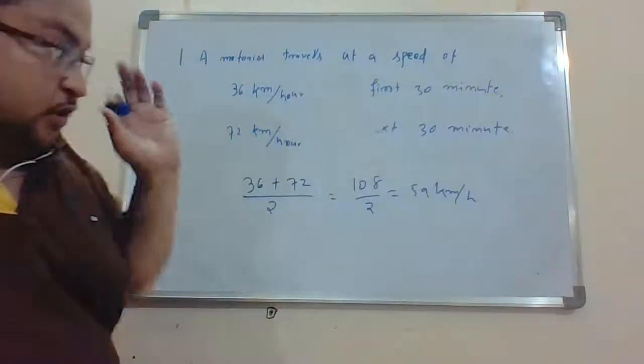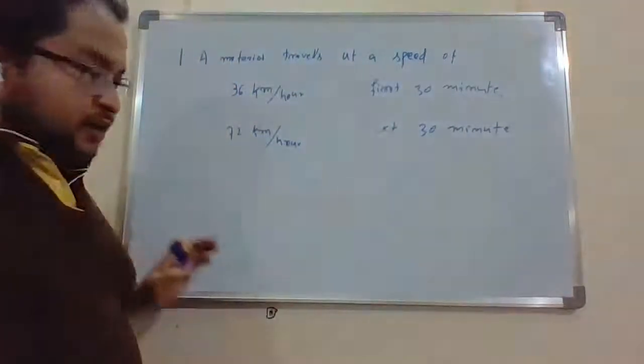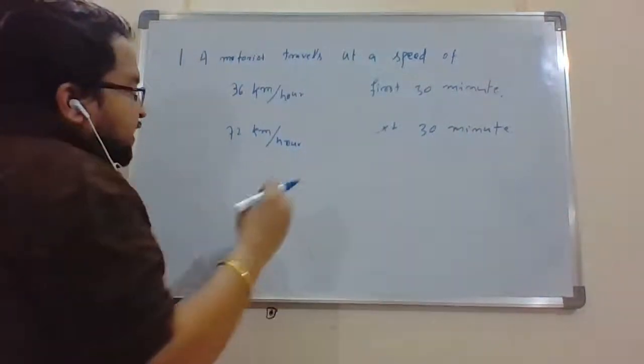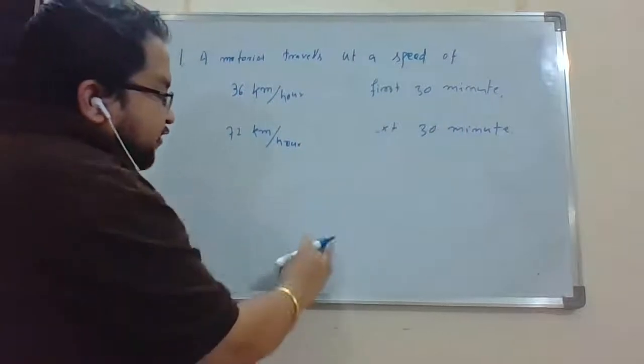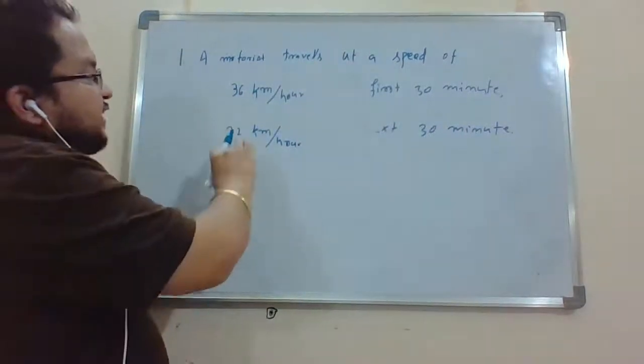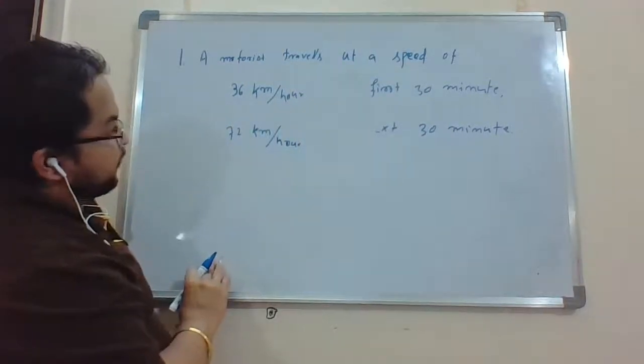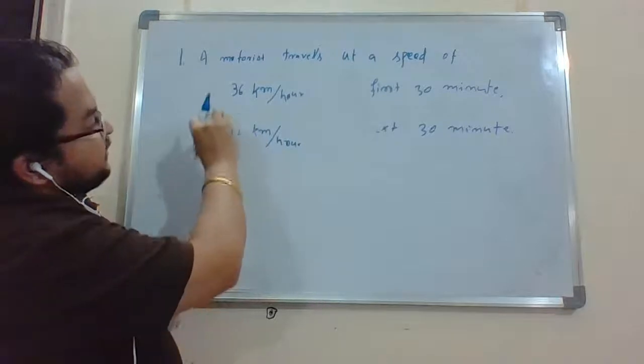Now, your total average speed is nothing but the total distance covered divided by the total time. We are saying that in the first 30 minutes it ran at a speed of 36 kilometer per hour.